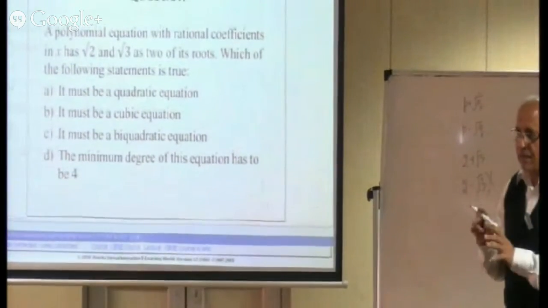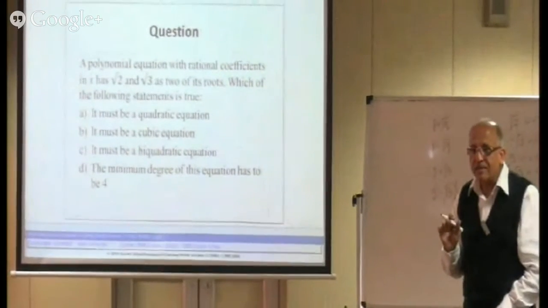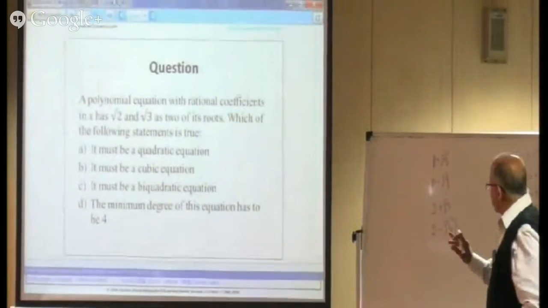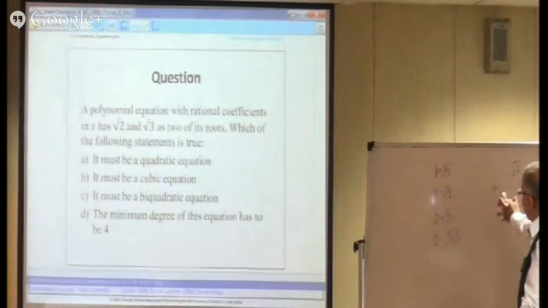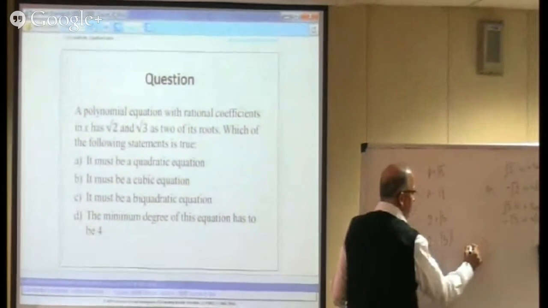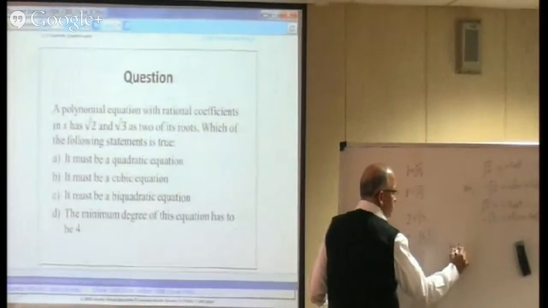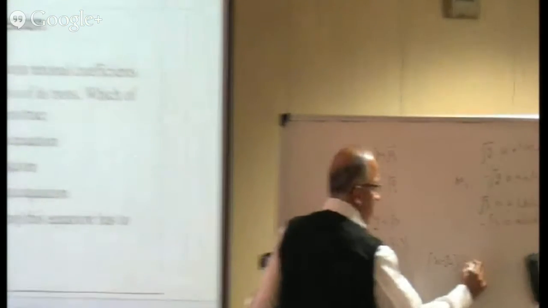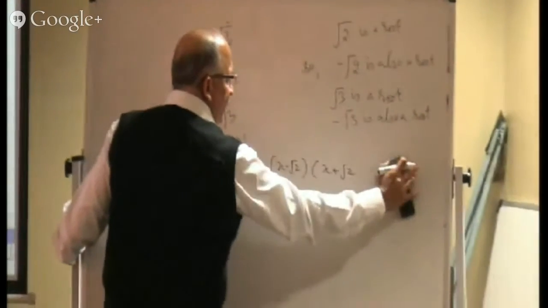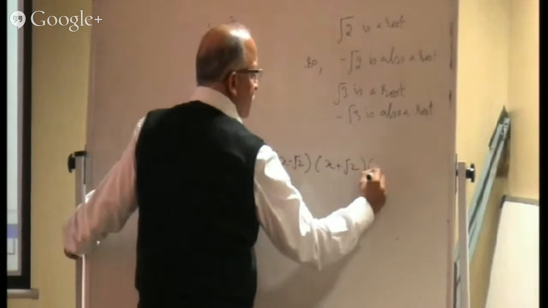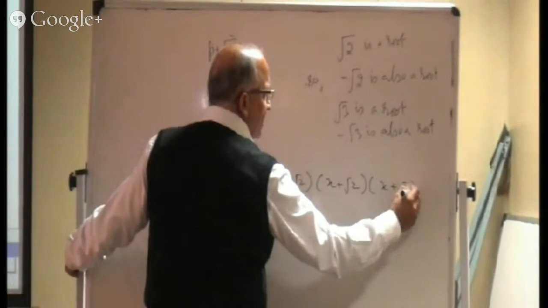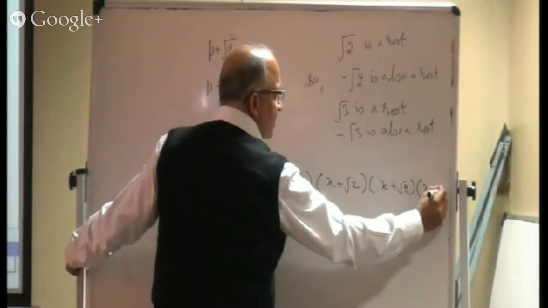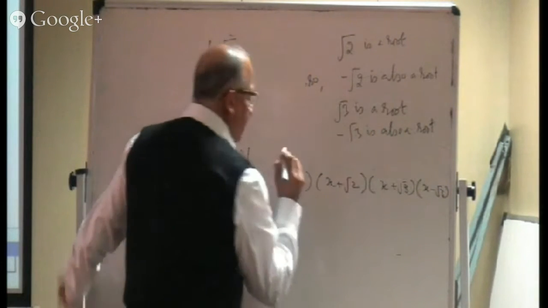And if now somebody asks you what will be the equation? Suppose these are the only roots, then you will write the equation like x minus root 2 into x plus root 2 into x plus root 3 into x minus root 3. These are the minimum. There may be more roots.